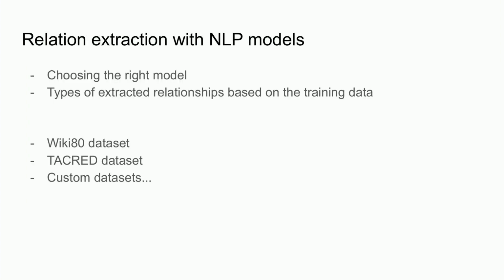And then the other approach to relation extraction is using, again, an NLP model. So again, you have to train your NLP model to infer relations between pairs of entities.